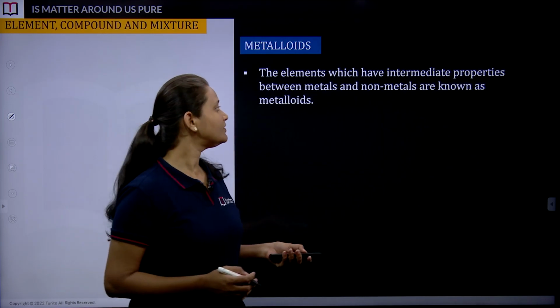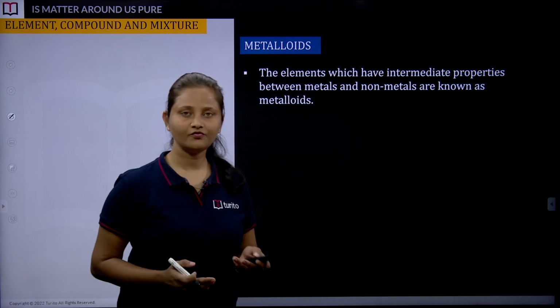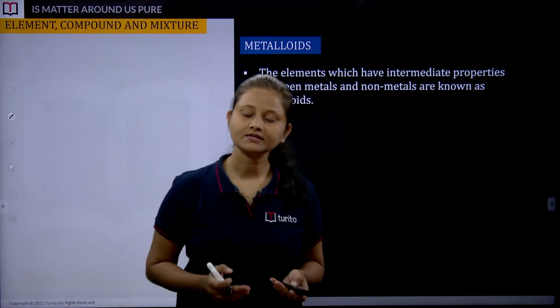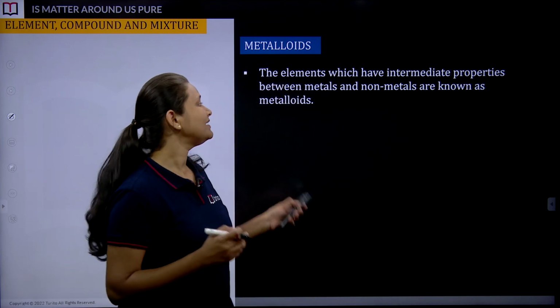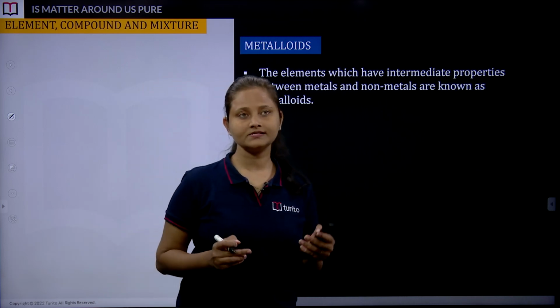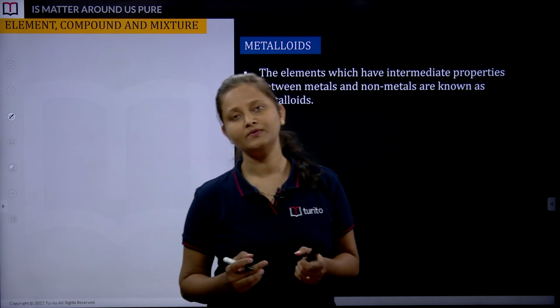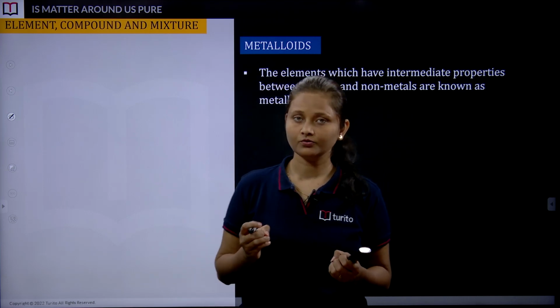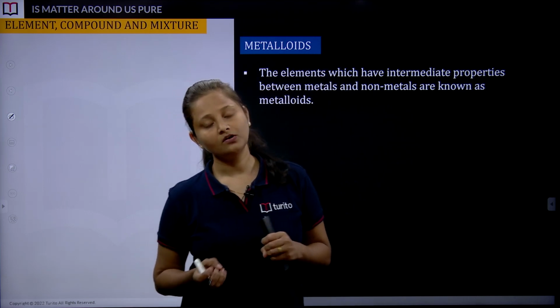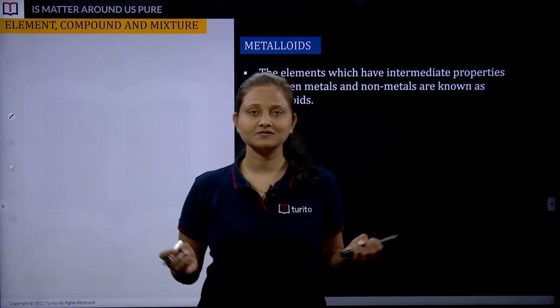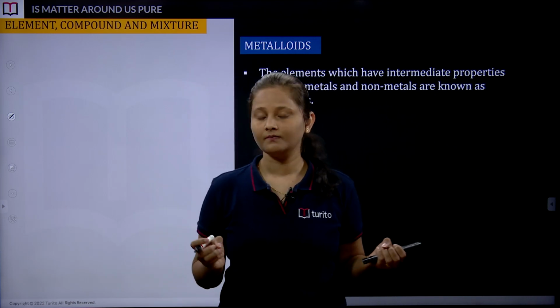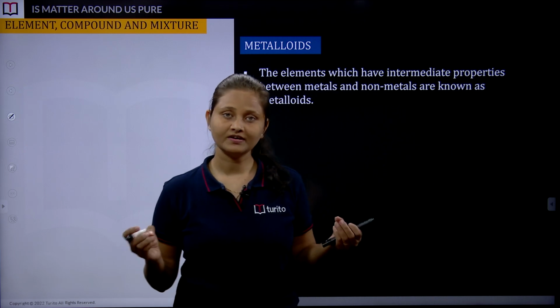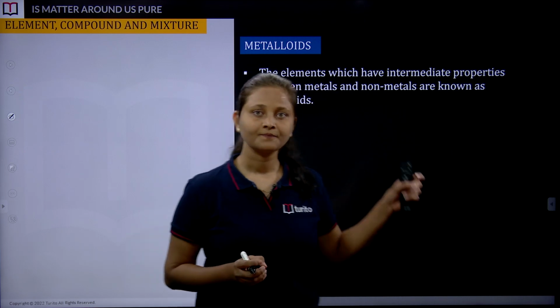Moving ahead, we talked about the third category of element. What did we discuss? Metalloids. Students, try to understand, in the universe there are some elements which, under favorable conditions, act either like a non-metal or a metal. That means they possess the properties of both these two different types of elements in one element.